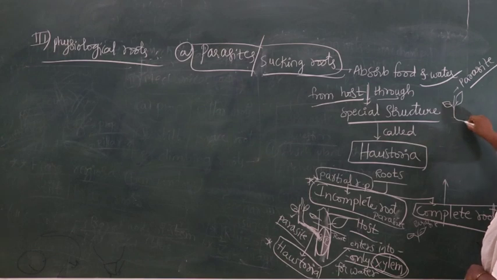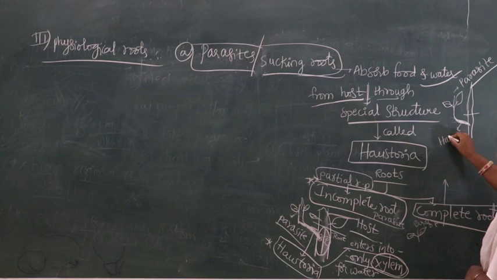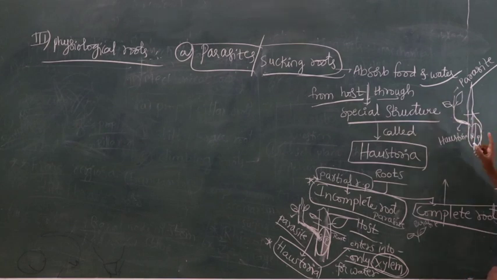This parasitic root enters with a special structure called what? This is a special structure called haustoria. Now this haustoria enters into both xylem and phloem. I am showing very clearly, it enters into xylem and also into phloem.